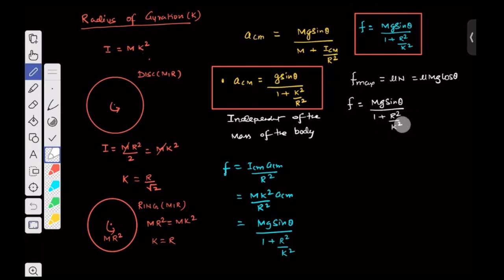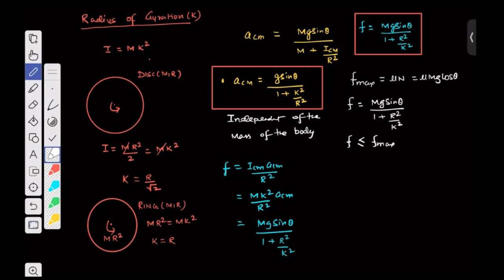For friction force to be able to provide this much, we must have this condition. The demand from the friction force is F. It is possible for it to supply that only when it is less than the maximum it can supply.